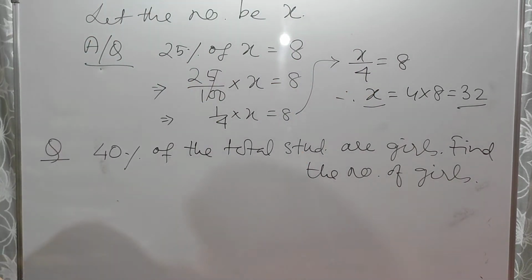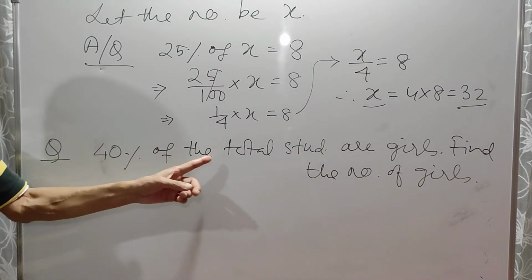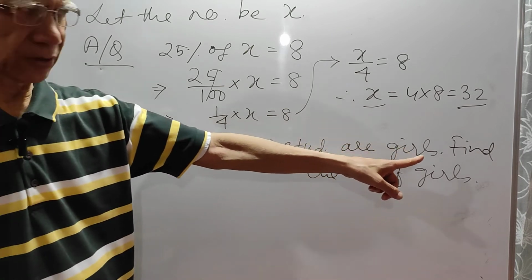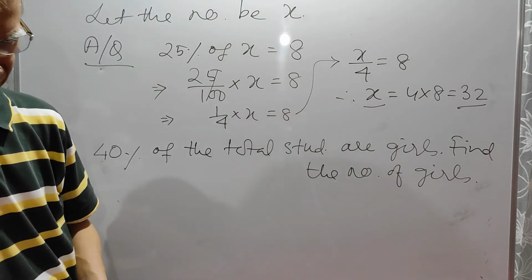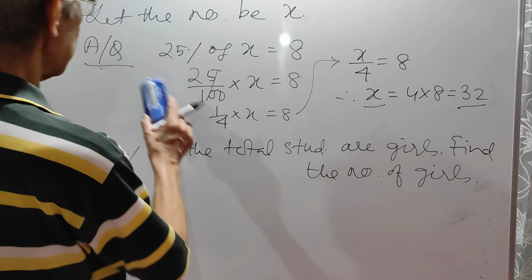See the question. In a school, 40% of the total number of students are girls. So you have to find the number of girls. Okay. Again, by unitary method, you can do it this way.